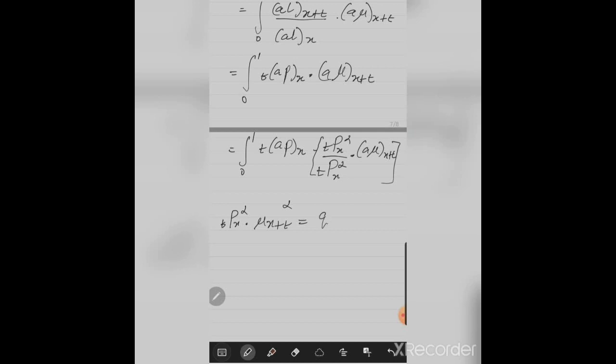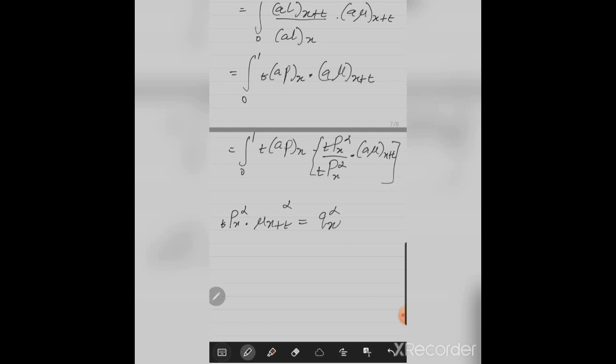So this I can call it as qx alpha. So the top part, I'll take it as qx alpha. So tPAx alpha divided by tPx alpha.